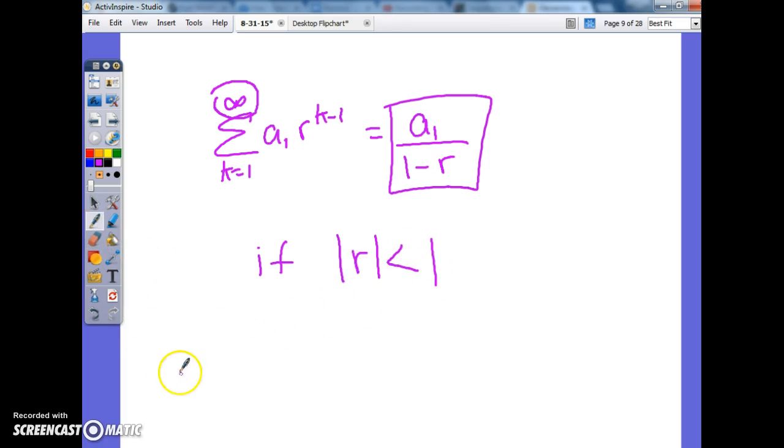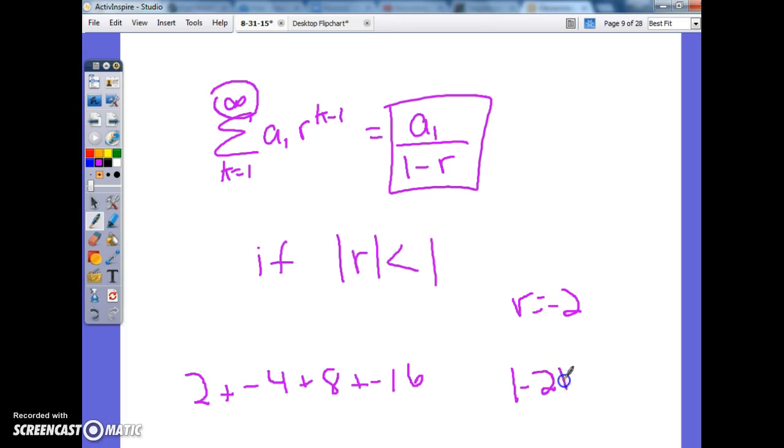I haven't gotten into it, but we can have something like this: 2 plus -4 plus 8 plus -16. Here my common ratio is a negative number. It's -2. Now the absolute value of -2 equals 2.